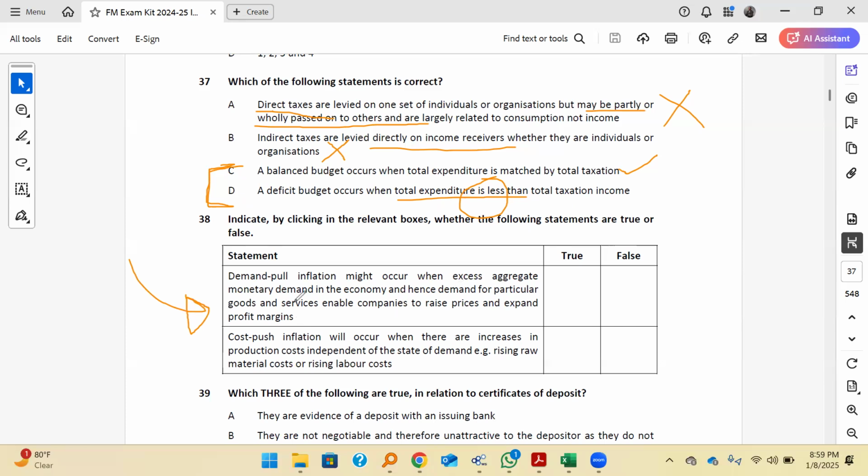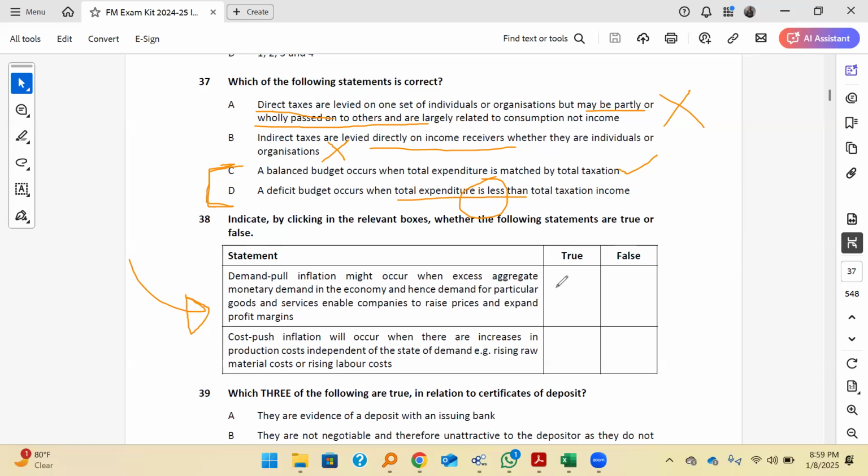When there is excess aggregate demand in the economy, okay, so people want, in this case, it's not goods, but money. So there is monetary demand. So for example, if you see that there is a lot of demand for dollars, then the price of dollars is going to increase. And when the price of dollars increases, usually inflation follows.